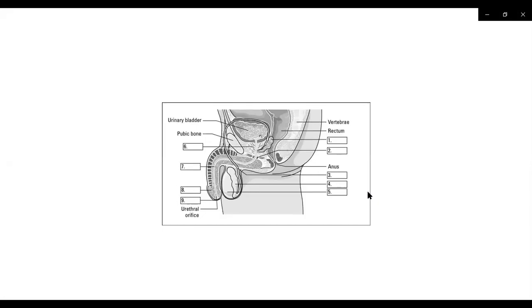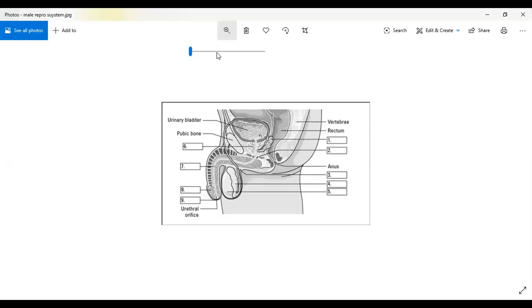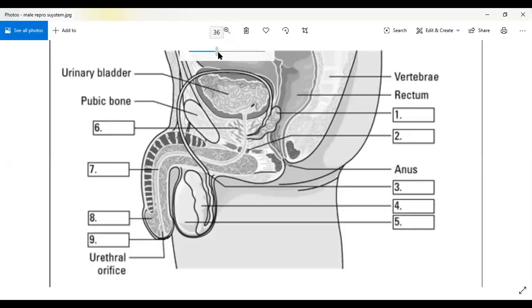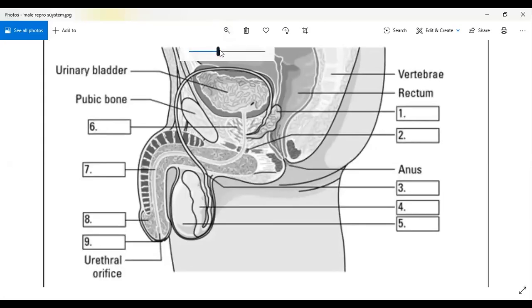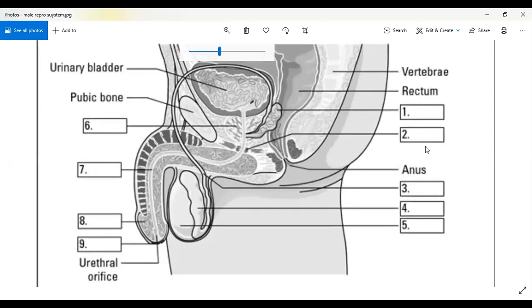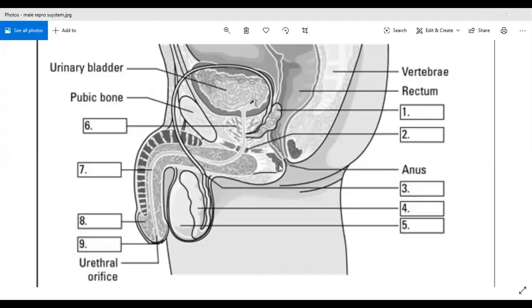Right, so you should be able to see the diagram now. Now let me make it bigger for you. So spend about 4 minutes and see if you can work out what all these numbers are in the male reproductive system. Give me a few minutes to try to figure out what these should be before I fill in what the labels are. So we're ready.